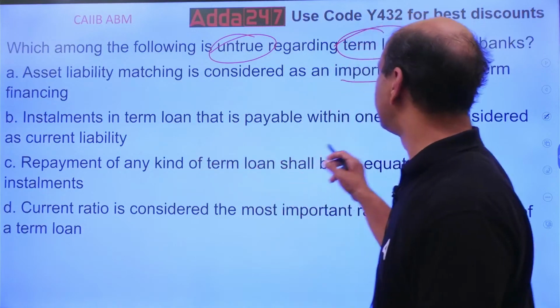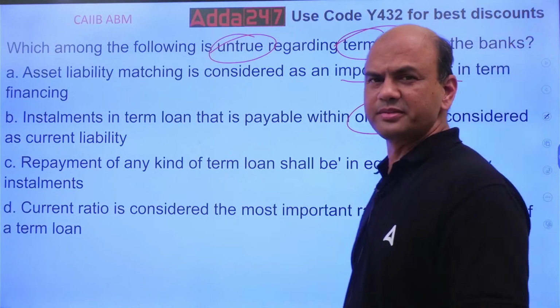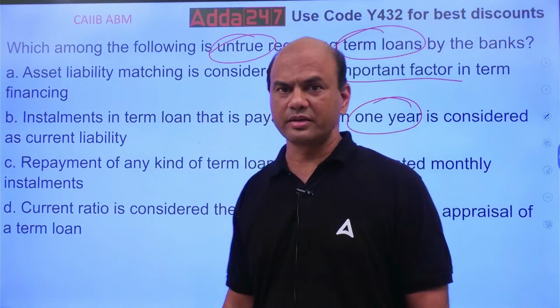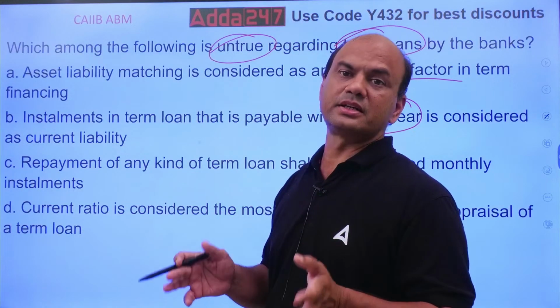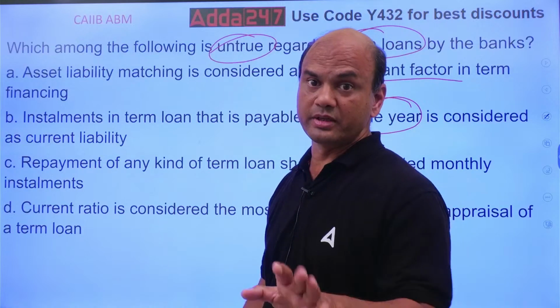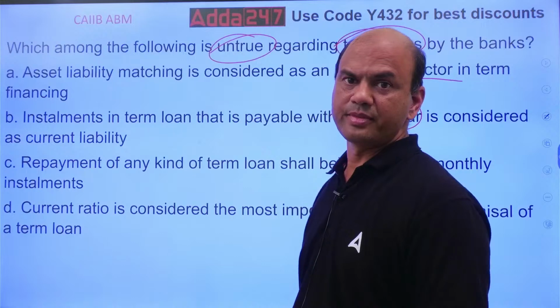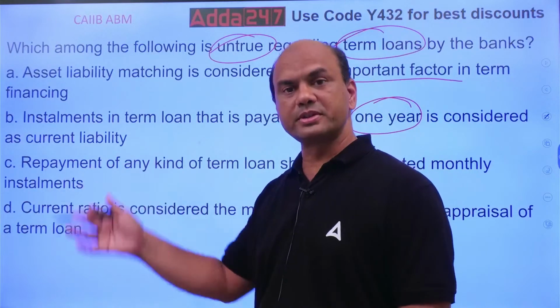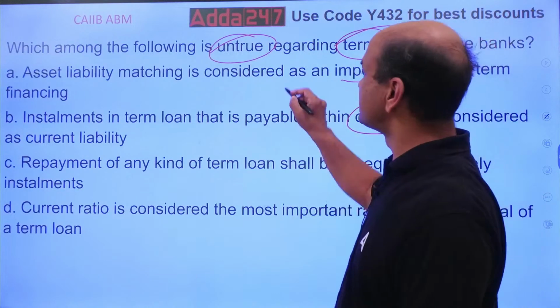Installments in term loans payable within 1 year is considered as current liability, obviously. Whatever is within 1 year is considered short-term credit. The risk factor is also lesser, 20% over there. Whatever is beyond 1 year is 50%. So this is true.